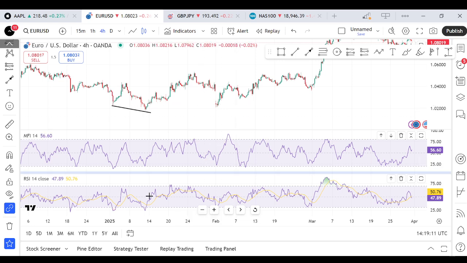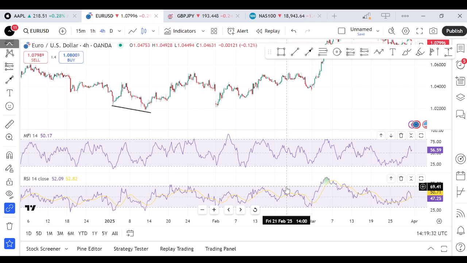So for the RSI, which is the second indicator we'll be using in this strategy, the RSI is a momentum oscillator that measures price movement strength on a scale of 0 to 100, just like the MFI. Levels above 70 are considered overbought and levels below 30 are considered oversold.